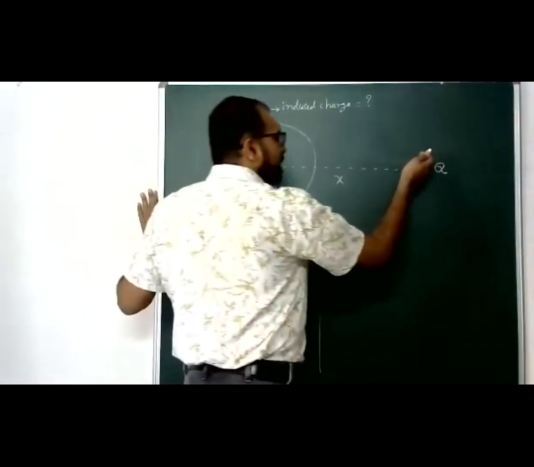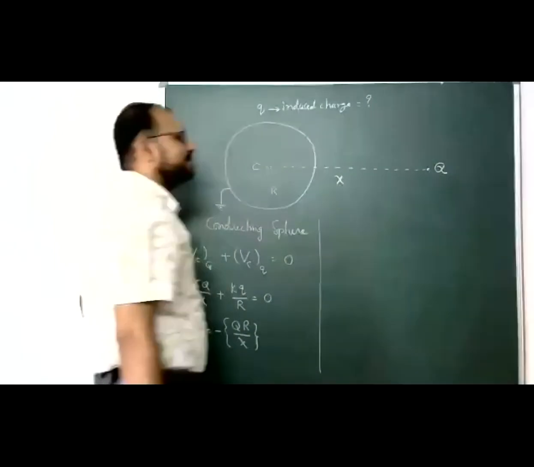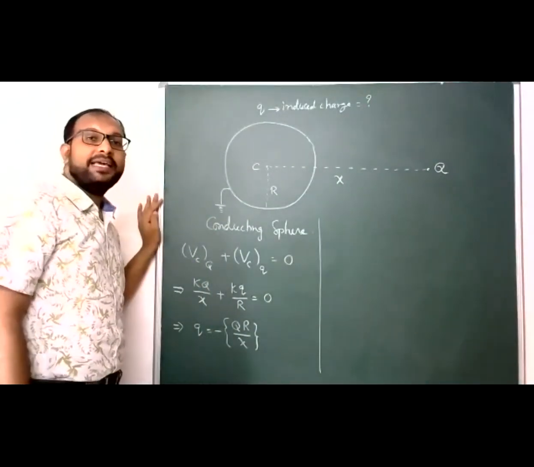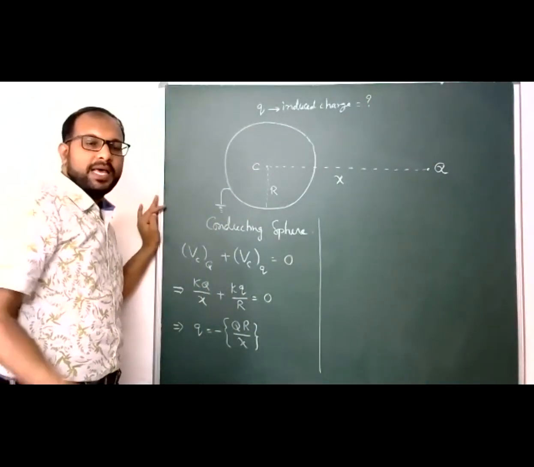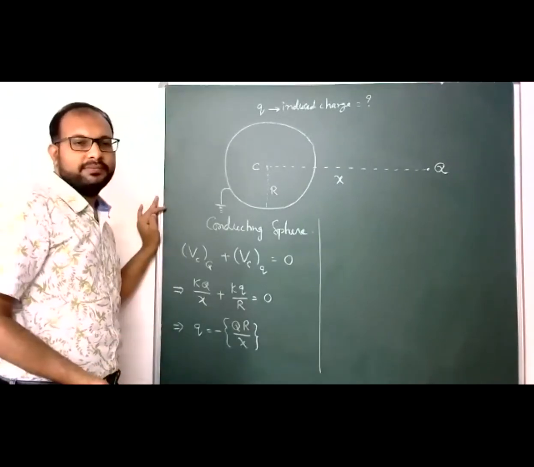Suppose this point charge moves either away from the center C or towards the center. Then x is a variable, and obviously q is also variable.